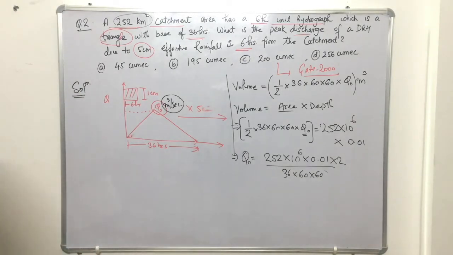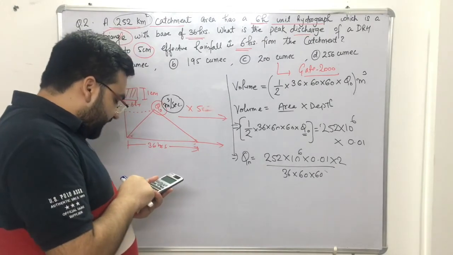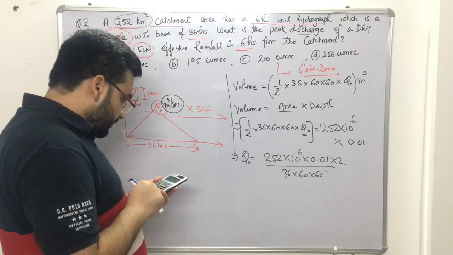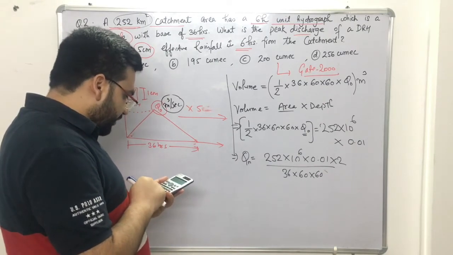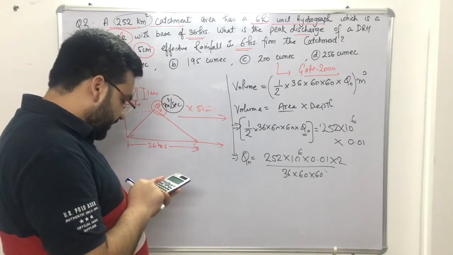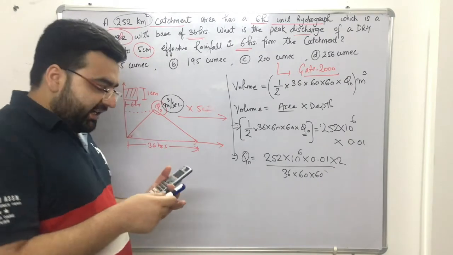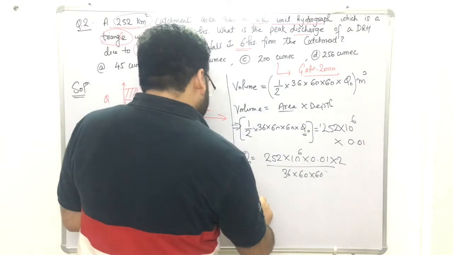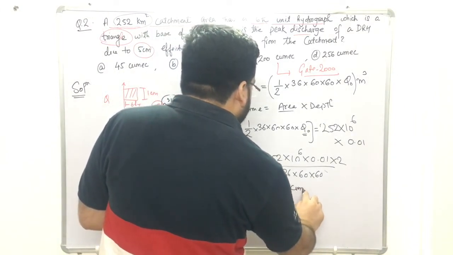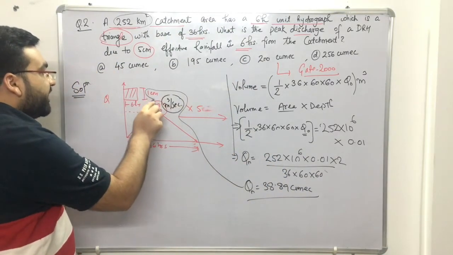So the value of this Q naught will come out to be 252 into 10 raised to power 6 into 0.01 into 2 divided by 36 divided by 3600, which is nearly 38.89. So Q naught comes out to be 38.89 cumec, right? But this discharge was for this unit depth of 1 centimeter.